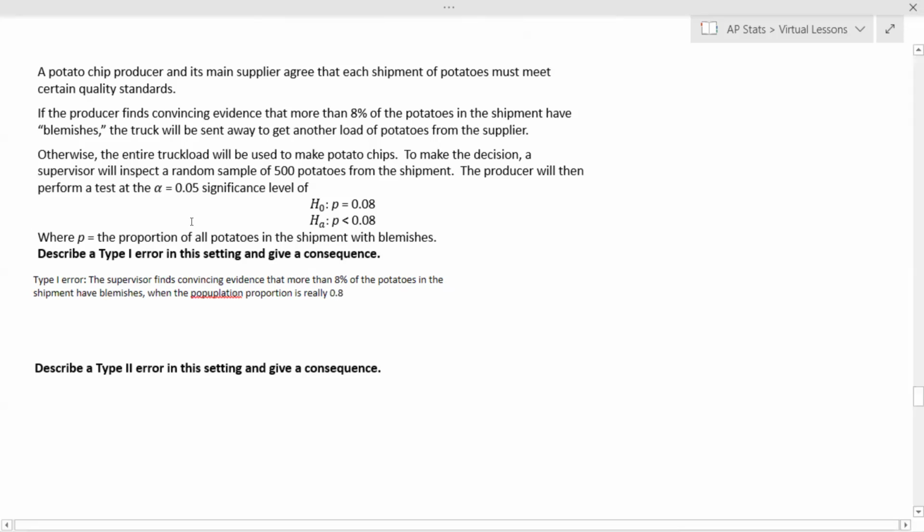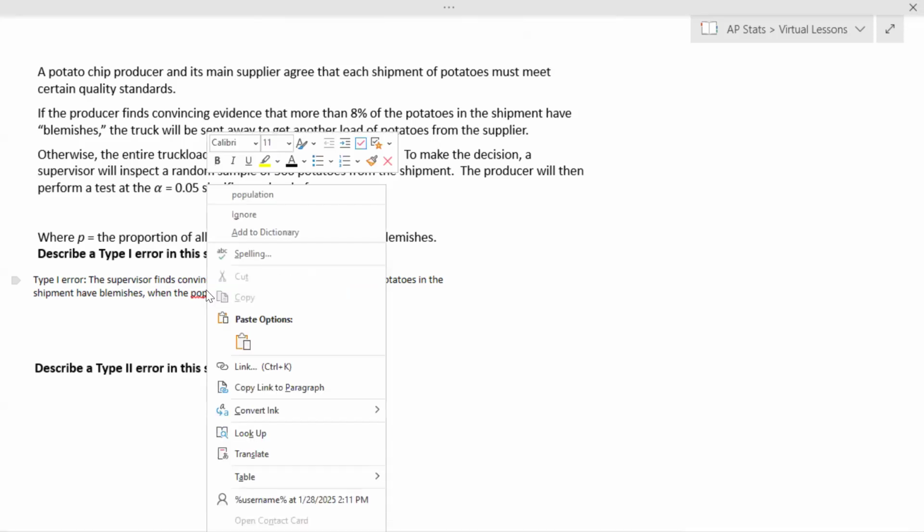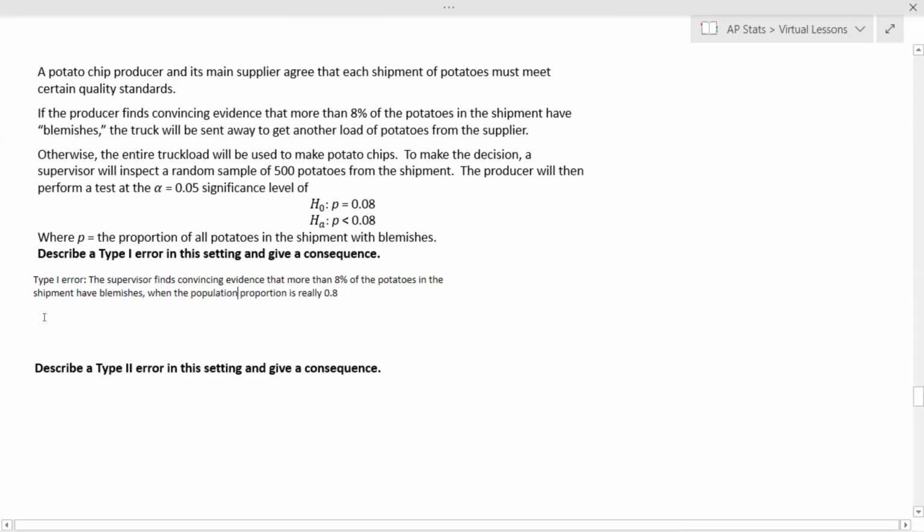So you find convincing evidence that it's more than 8% when in fact it isn't.